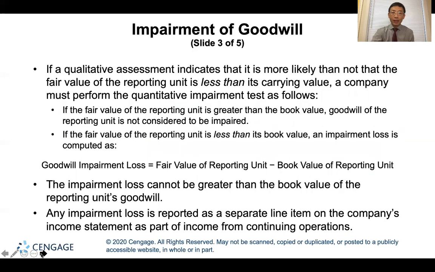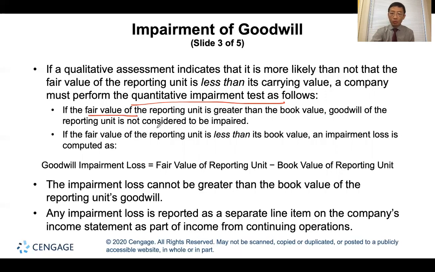Okay, and then if a qualitative assessment indicates that it's more likely than not that the fair value of the reporting unit is less than its carry value, a company must perform the quantitative impairment test to see if the fair value is less than the book value.